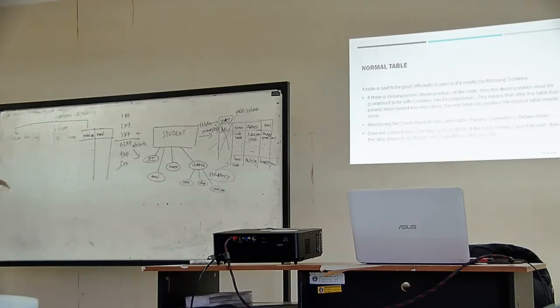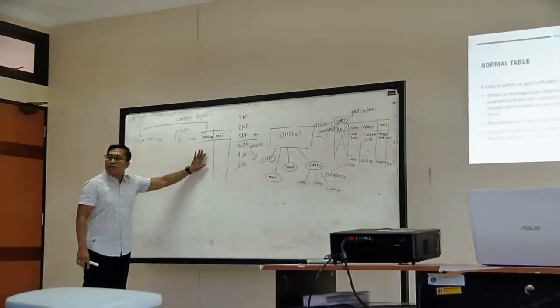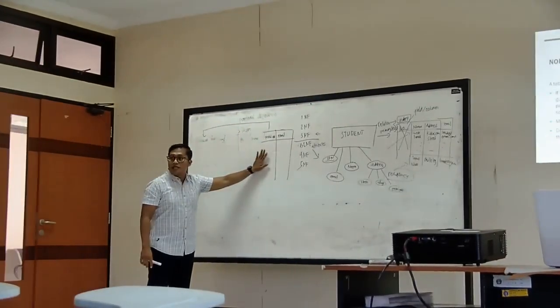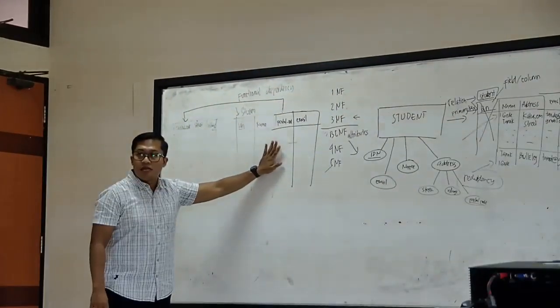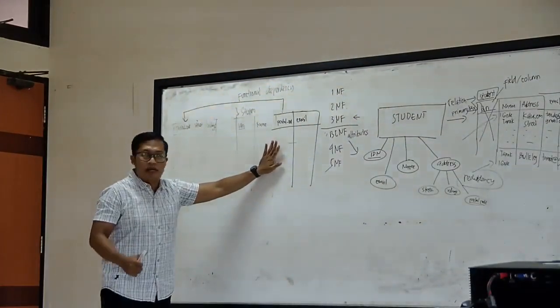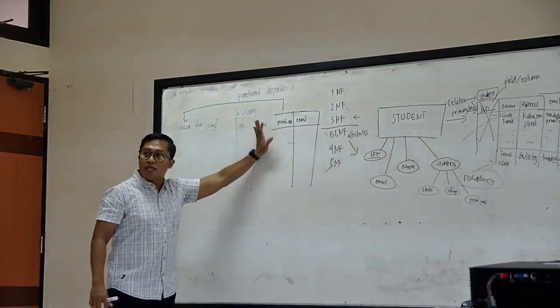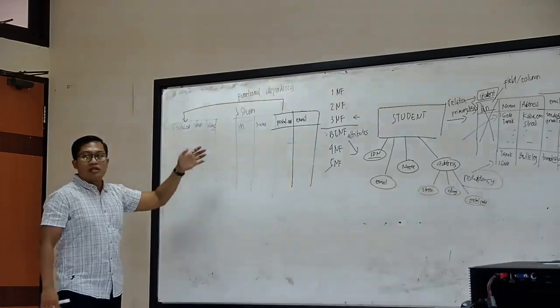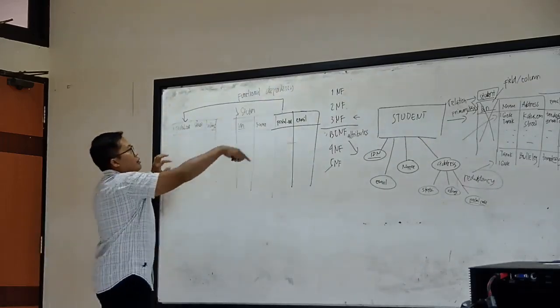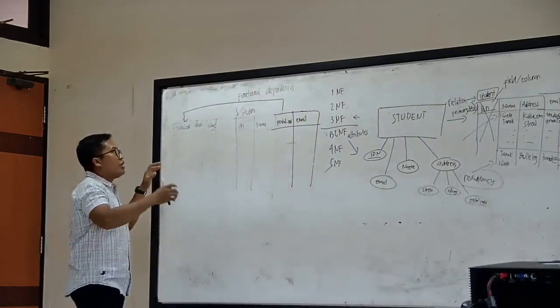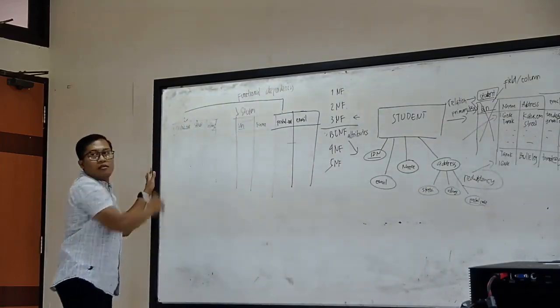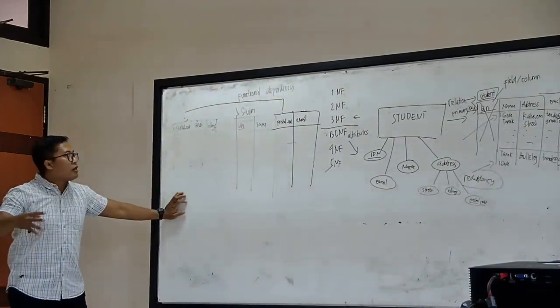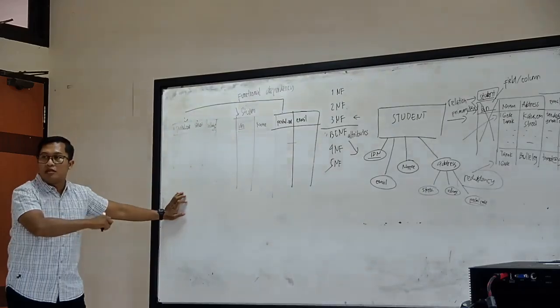If we want to break the student table, we need to find the right functional dependency of each attribute. But if we choose the wrong attribute, maybe we cannot relate the tables. We cannot make the relation between the tables.